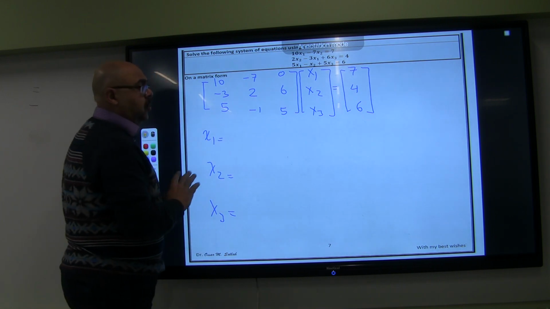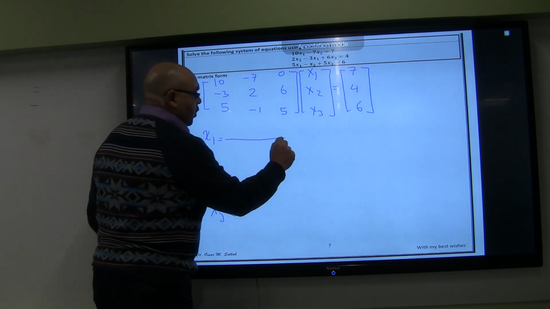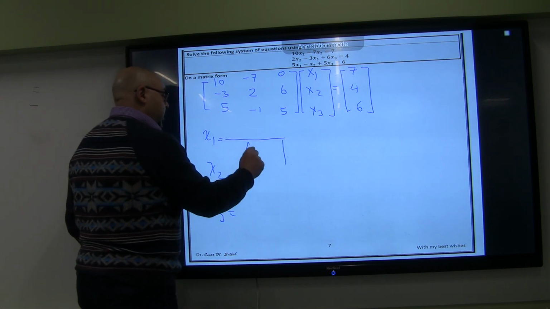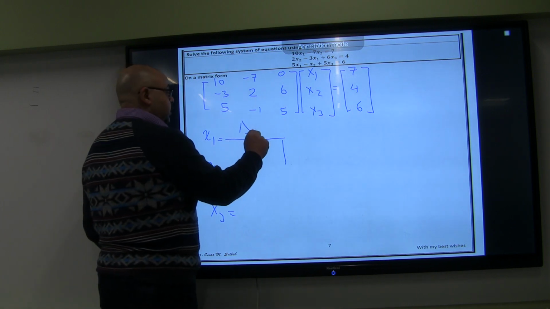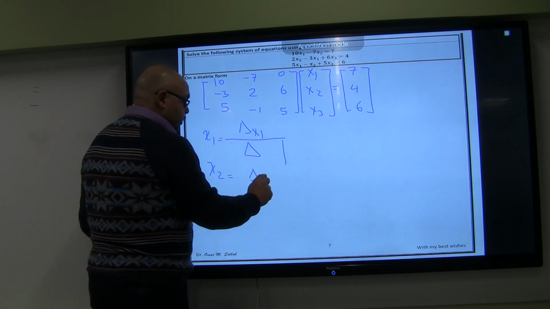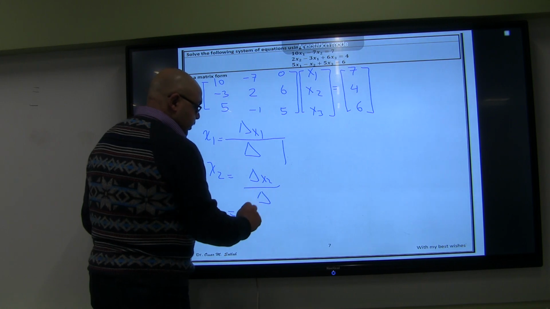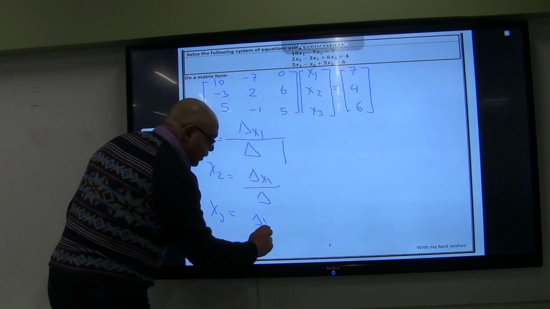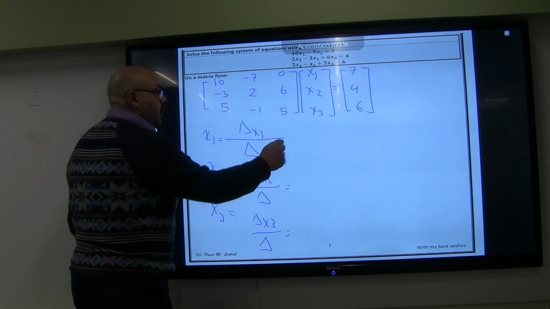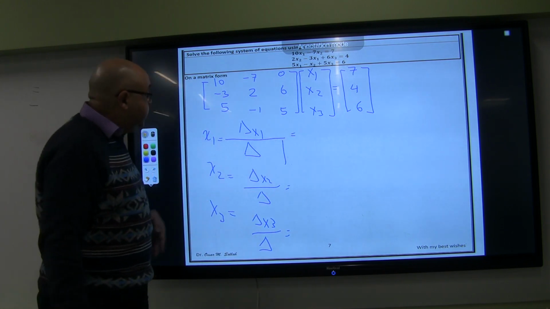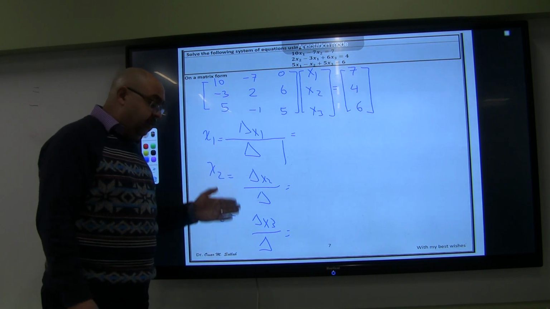For x1, I have to get the determinant of the coefficient matrix, then the determinant for x1, then x2, each divided by the determinant of the coefficient matrix. Similarly for x3, divided by the determinant of the coefficient matrix. Please review this part. It's really very simple.